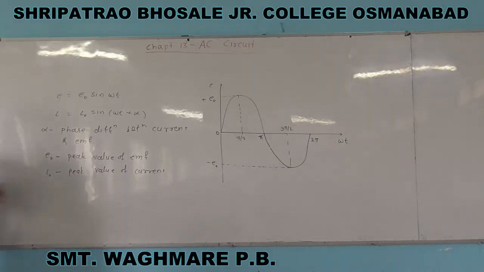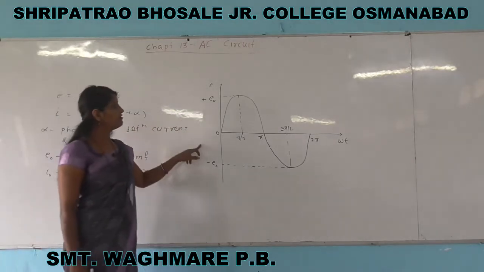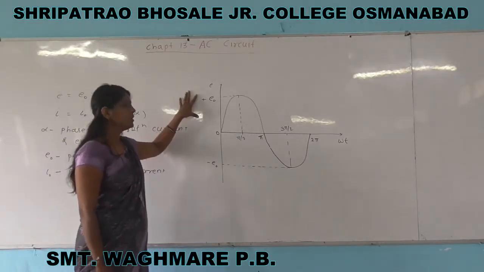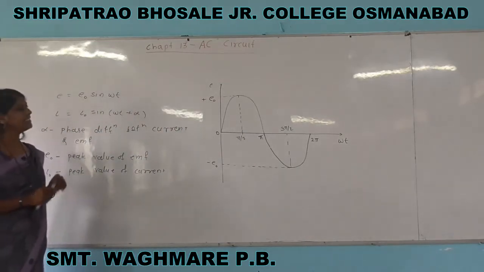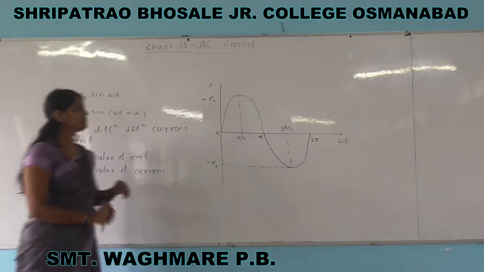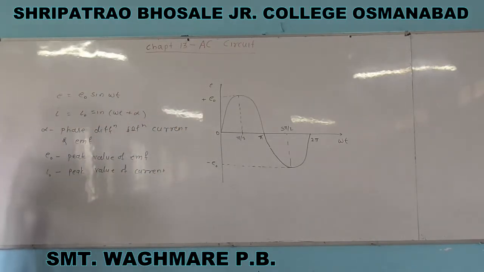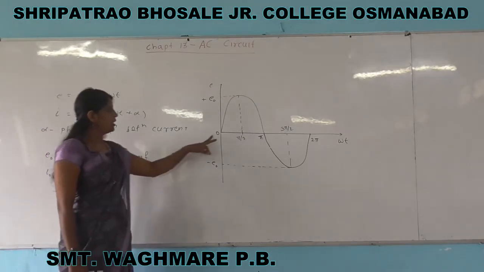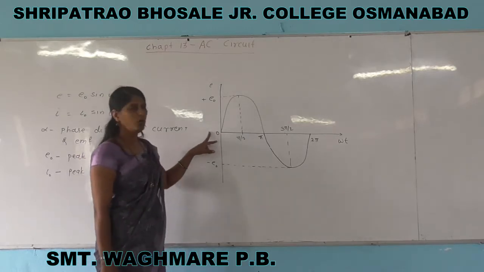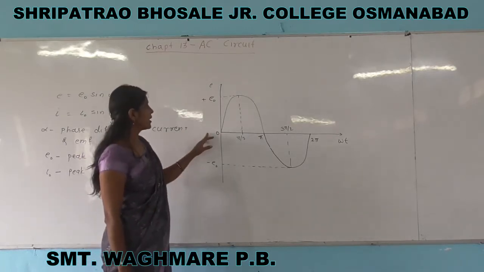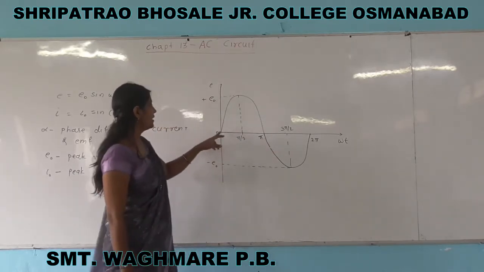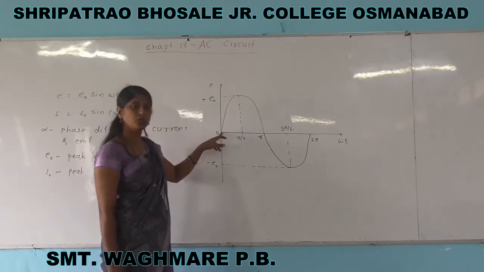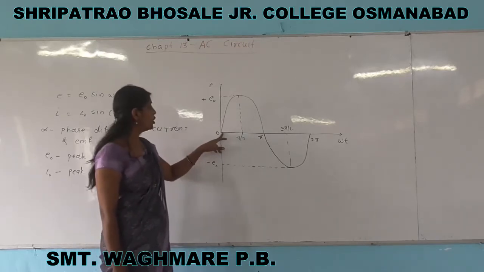From this graph, we can observe that the induced EMF varies sinusoidally with respect to time. The value of E varies from 0 to maximum. At t is equal to 0, the value of EMF is 0.